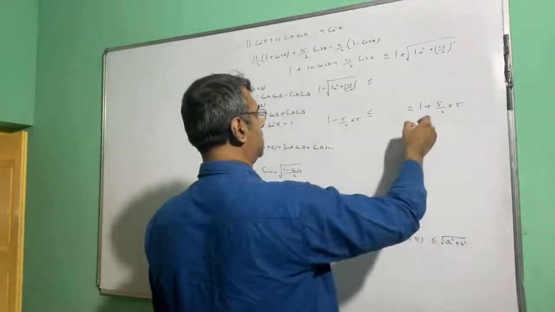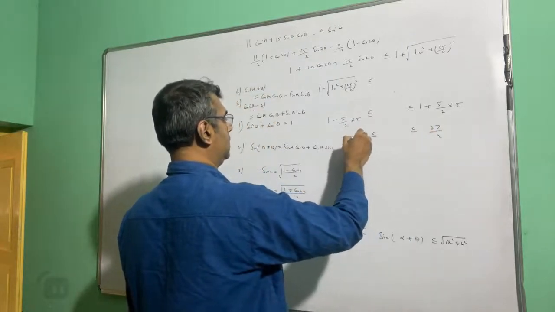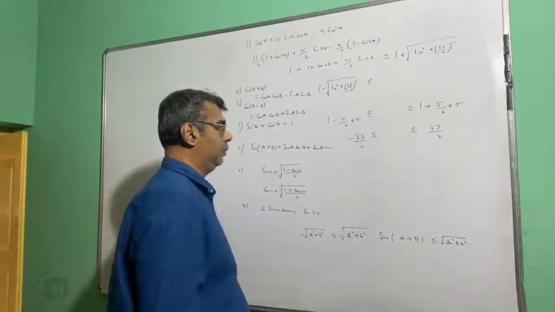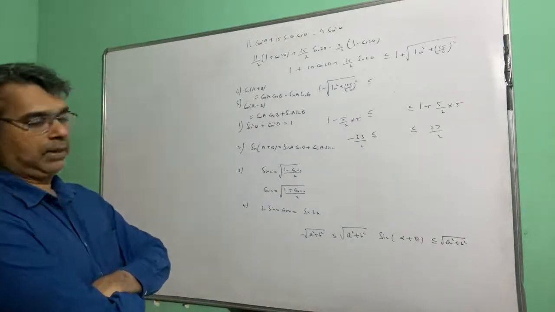So this is coming 27 by 2, and this is coming to minus 23 by 2. So the maximum value is 27 by 2, minimum value is minus 23 by 2.